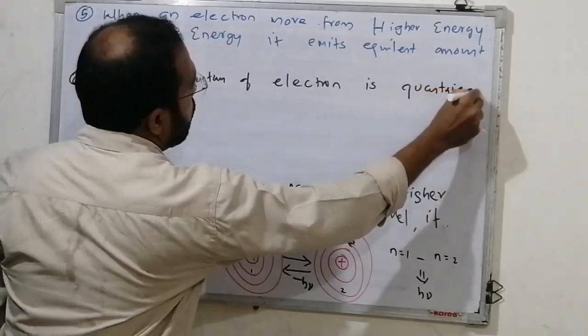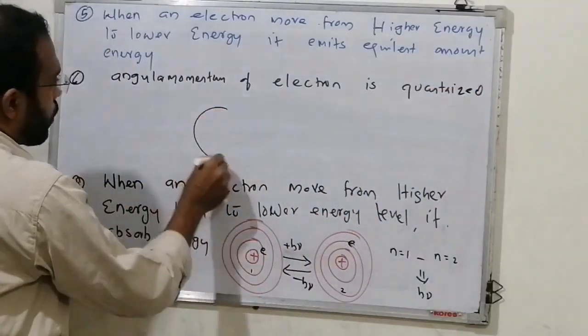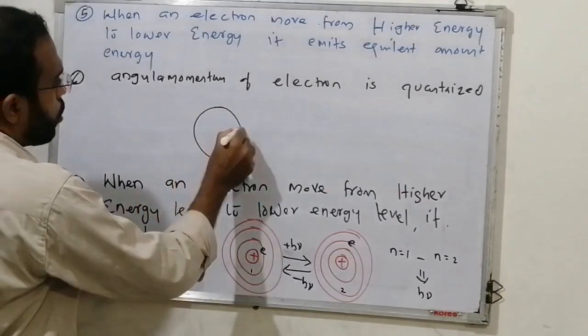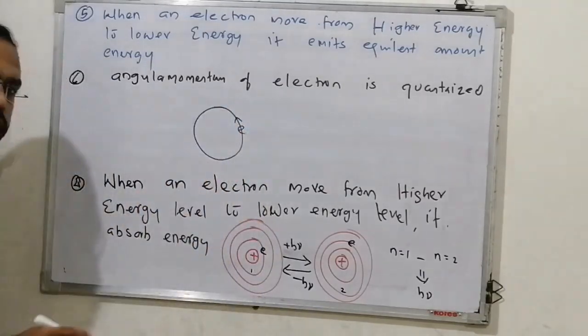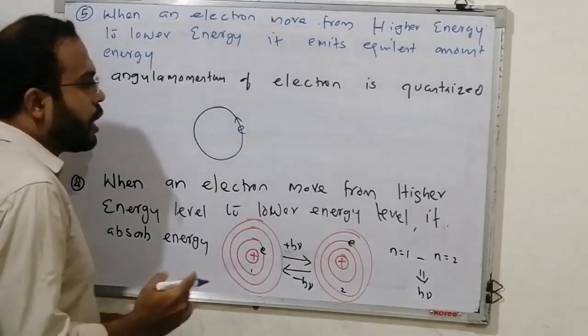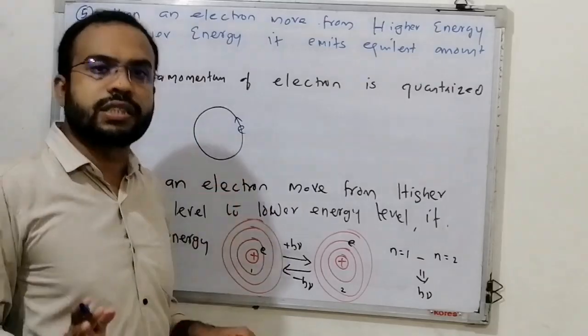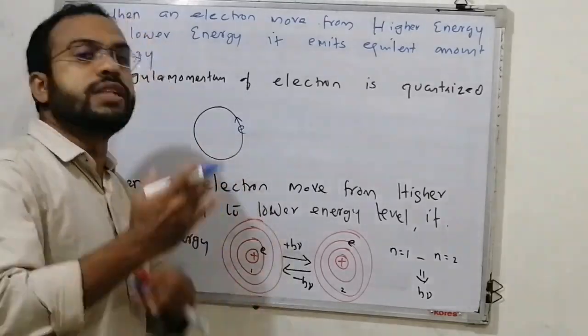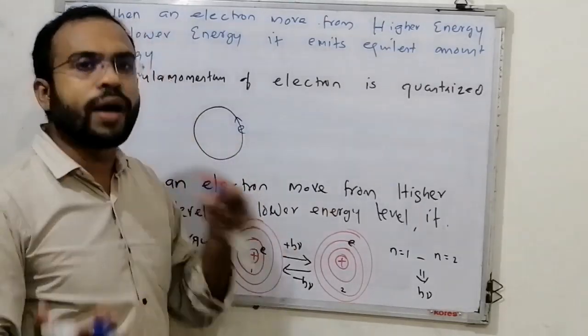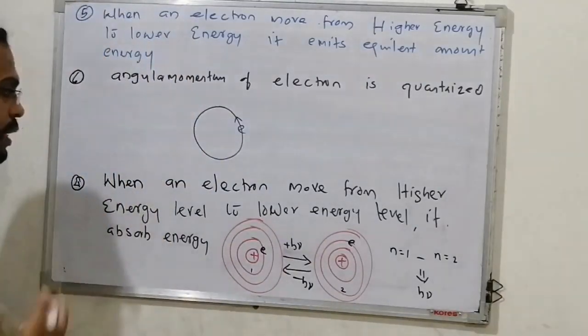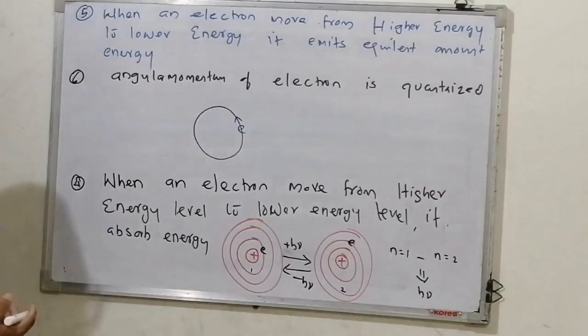Angular momentum means a momentum due to circular motion. The electron is moving in a circular path. As long as it remains in a shell, its angular momentum is fixed. It will change when it moves from one shell to another. It will increase when it moves to a higher shell and decrease when it moves to a lower shell.